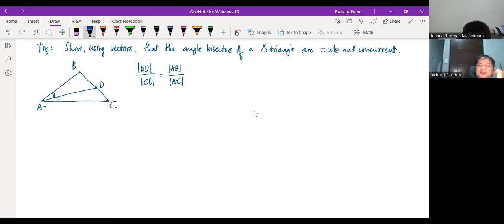All right, so that's something that's going to come in handy. So if we use the usual symbols for the length, small c, small b, and then small a, this would be c over b.